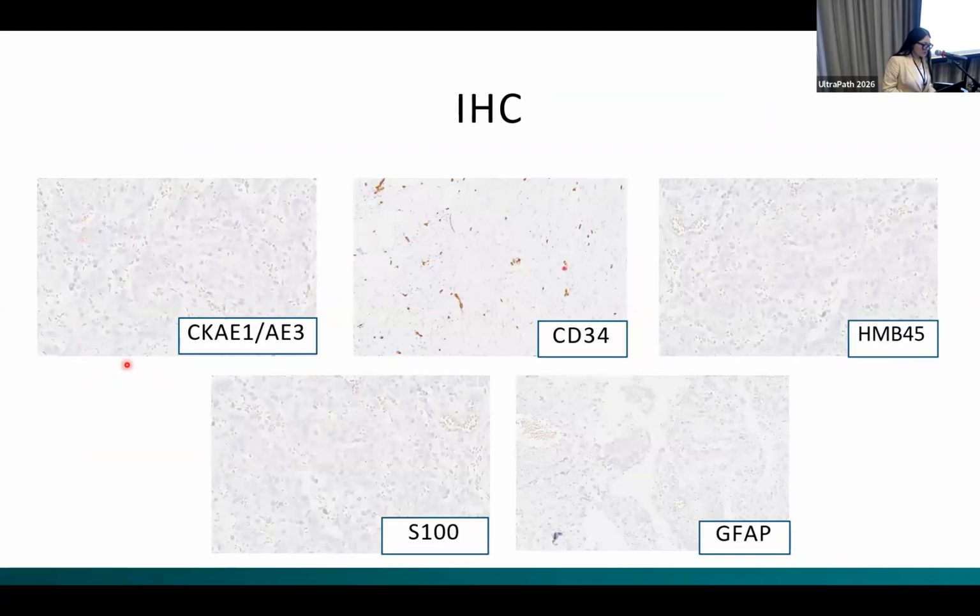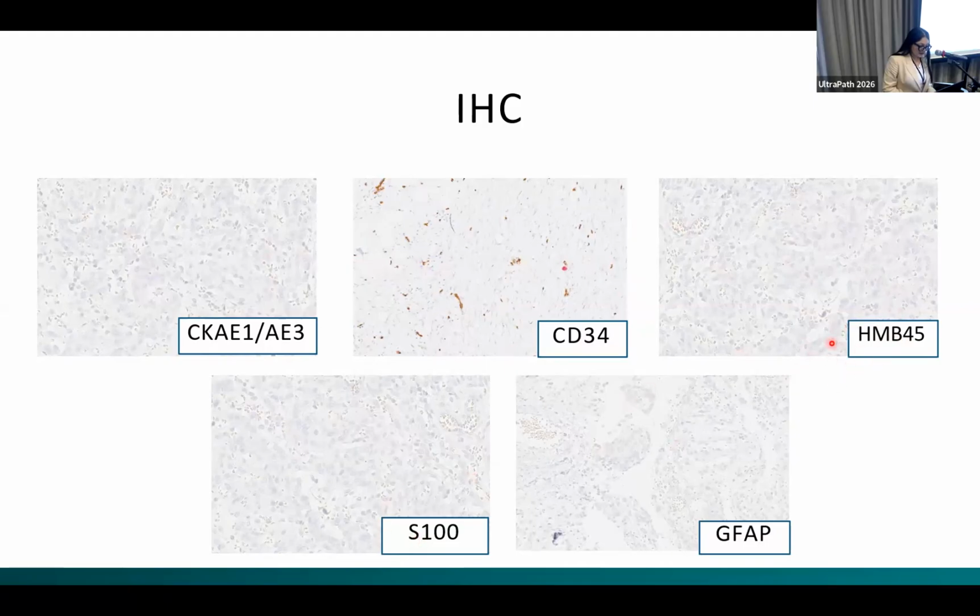So with these features, the immunohistochemical panel was performed. This entity was negative for cytokeratins, negative for CD34, so we can exclude the possibility of vascular tumor. And also it is negative for melanocytic markers like HMB45 and S100.